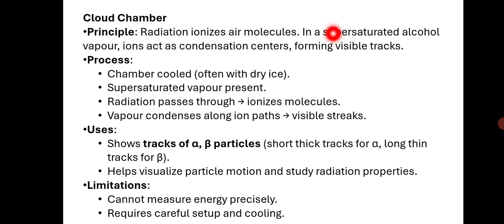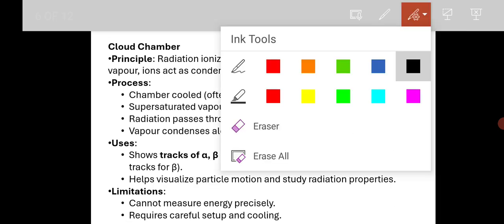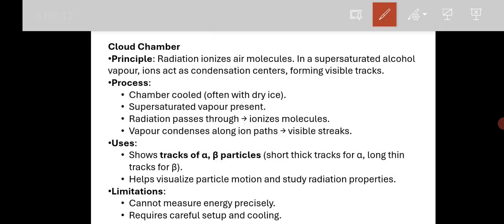To condense means to turn vapor into liquid, as you might be aware, forming visible tracks. Tracks are something like this. These tracks indicate the amount of radiation that is there.